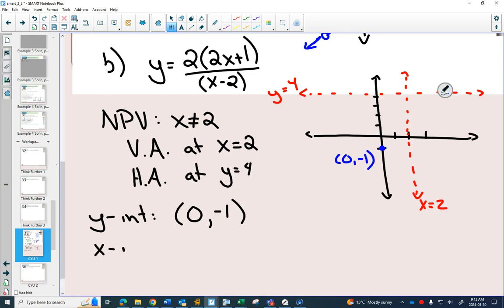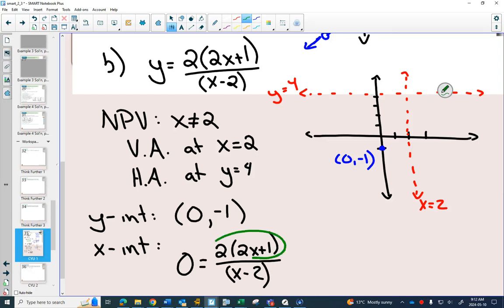Next, your x-intercept. When you plug in 0 for y, you would have 0 equals 2(2x plus 1), I'm going to write the factored form, over x minus 2. And again, the only time a fraction is equal to 0 is when your numerator is equal to 0.